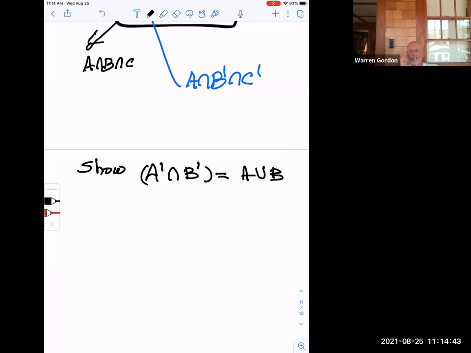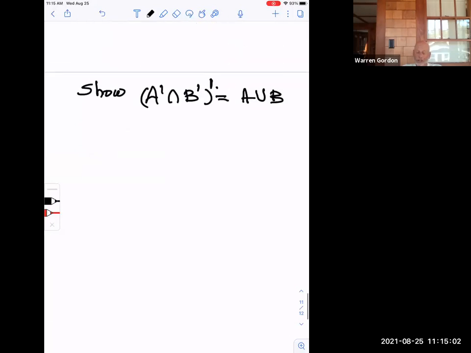Suppose A is the event I eat ice cream and B is the event I eat cake. If you would read this, think of complement as being negation.